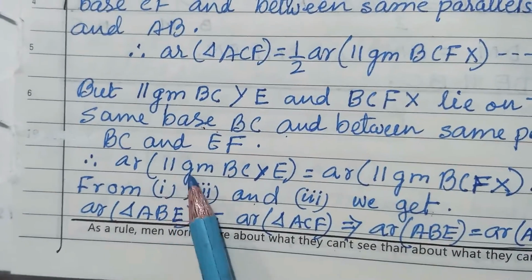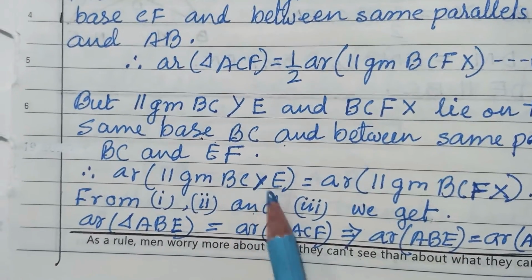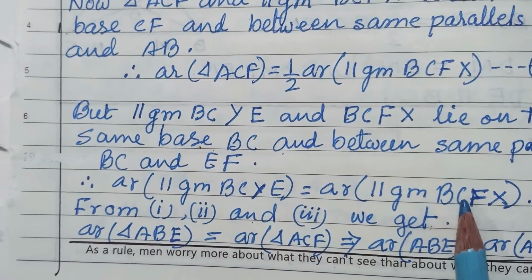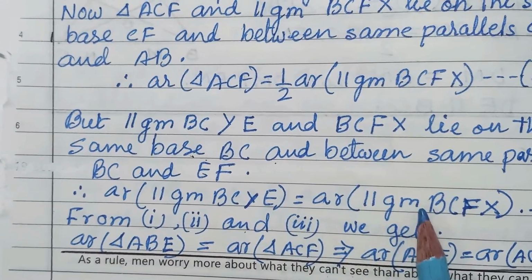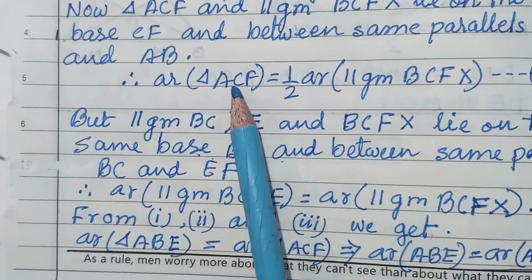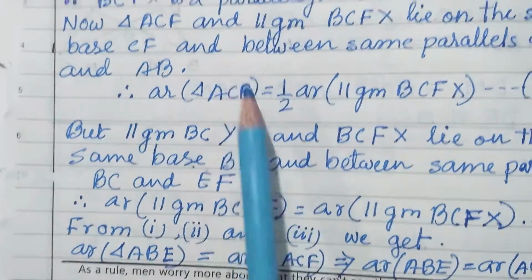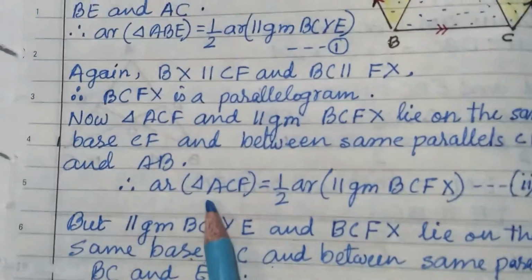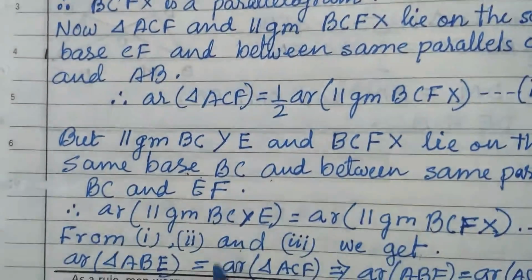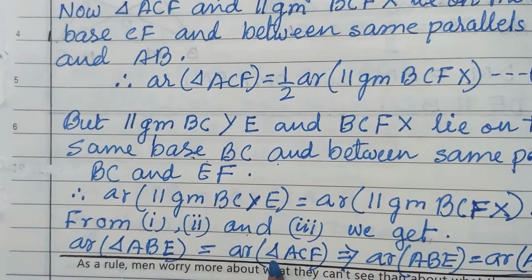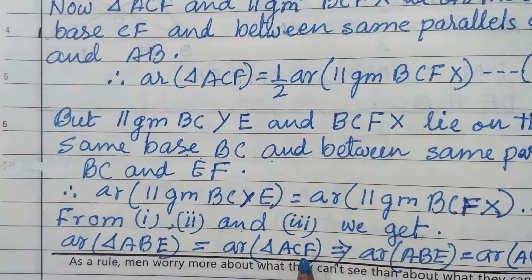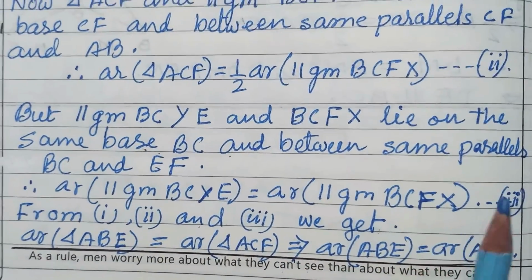So the area of parallelogram BCYE is equal to the area of parallelogram BCFX. As these two parallelograms are equal, in relations 1 and 2 the left hand sides must be equal. So the area of triangle ABE is equal to the area of triangle ACF. So it is proved.